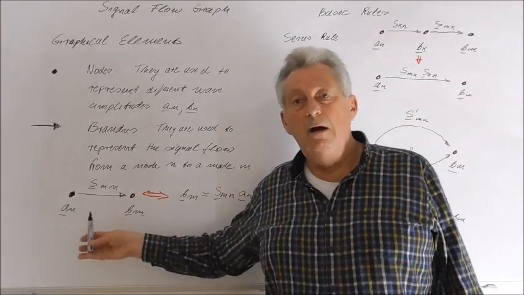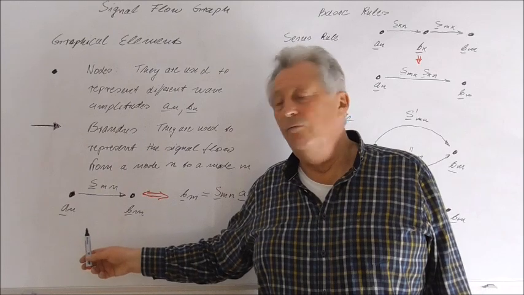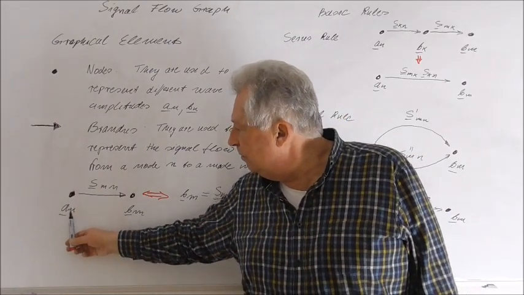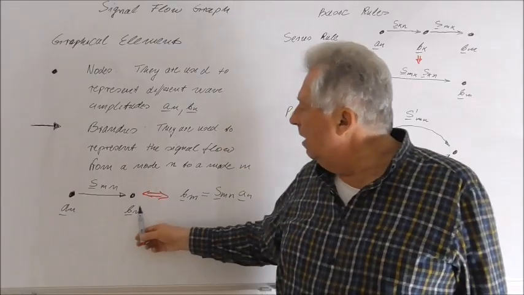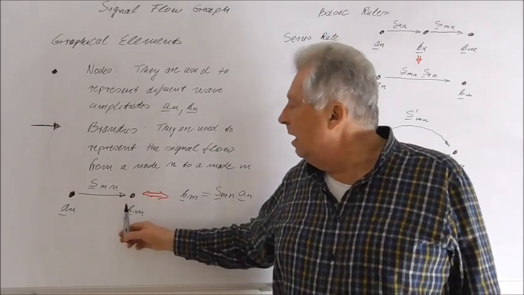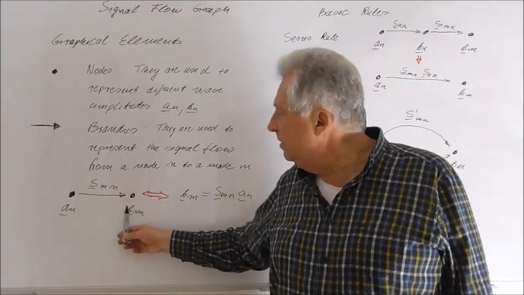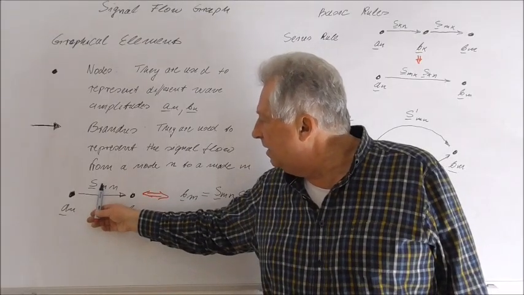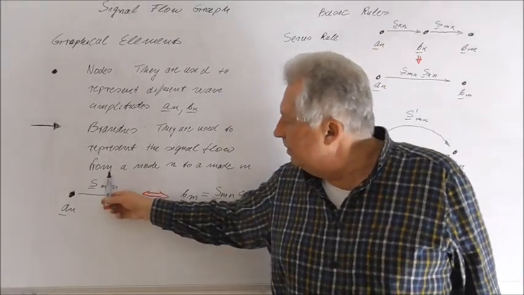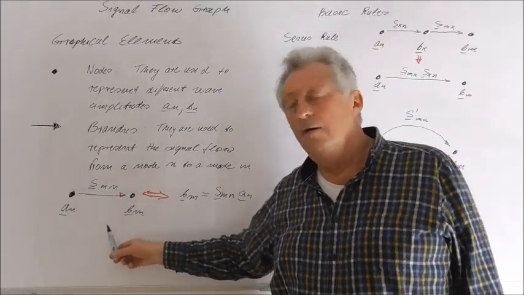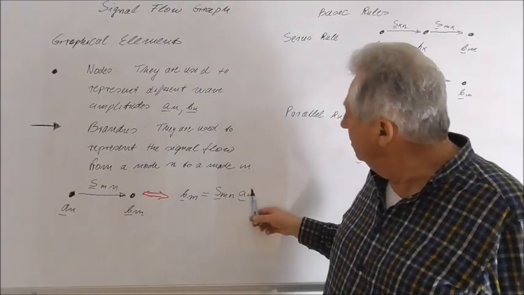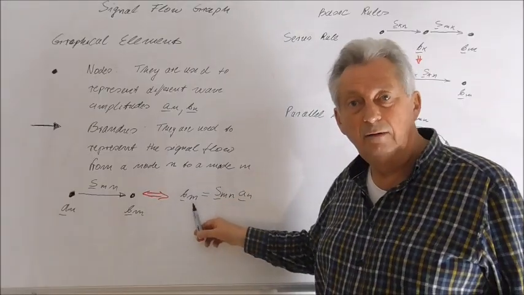And you see here the representation of a very simple equation. We have the wave amplitude AN, and here the wave amplitude BM, and this wave amplitude BM is given by SNM times AN. So this graphical element, or this small picture, represents this equation here.